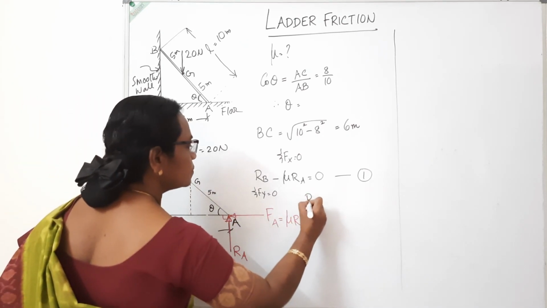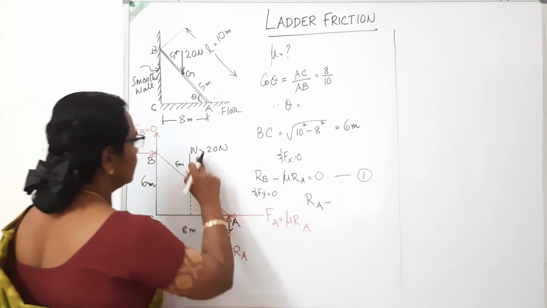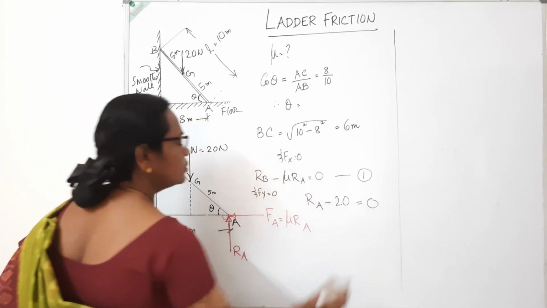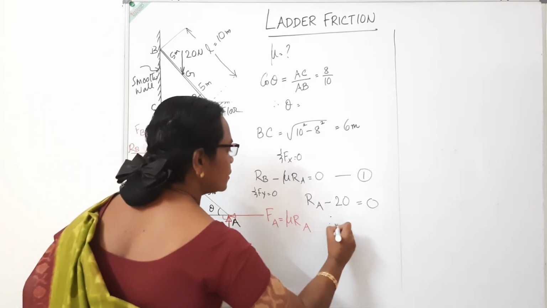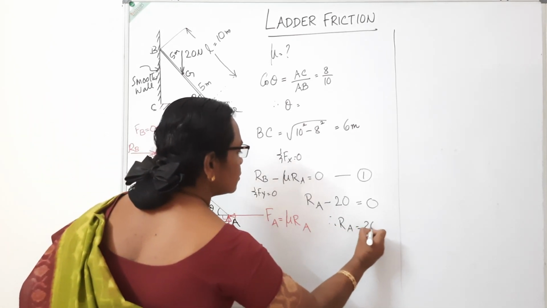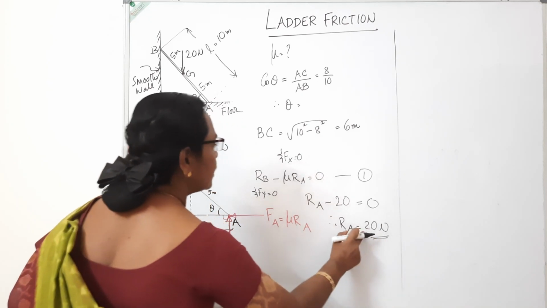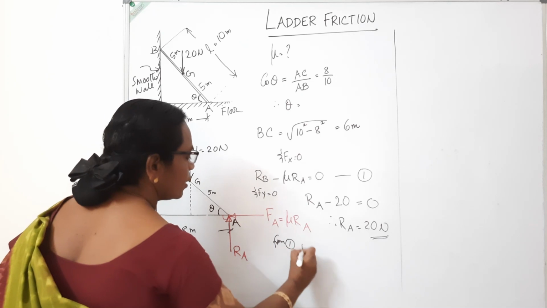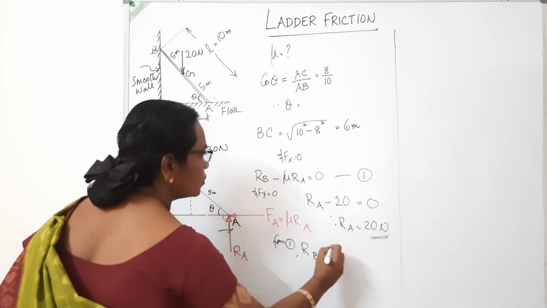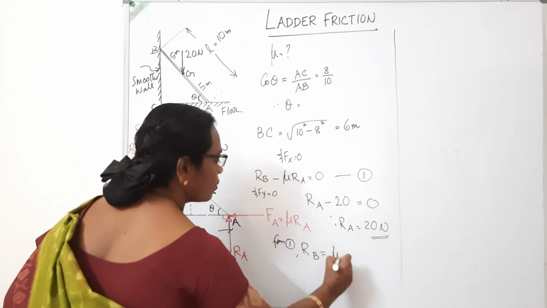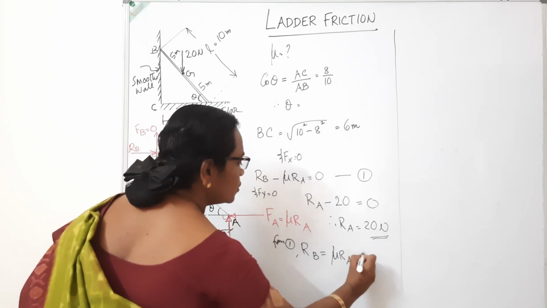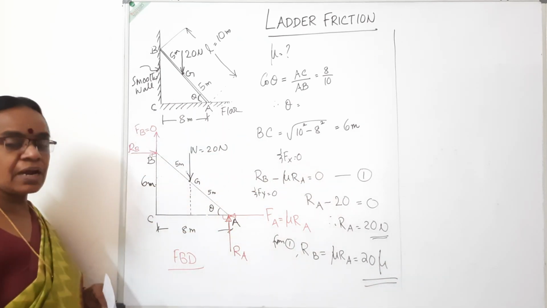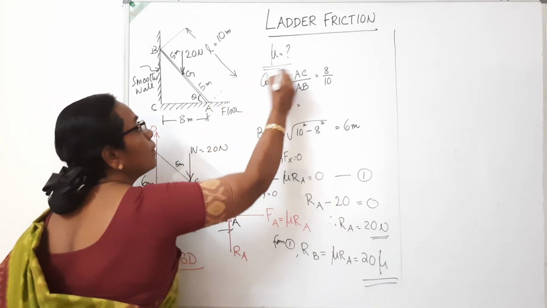RA minus W, RA minus 20 is equal to 0. Therefore, you get RA is equal to 20 Newton. Once you get RA, you can get RB from 1. RB is equal to mu RA. Mu is an unknown, so RB is equal to 20 mu, because we are asked to find out mu.